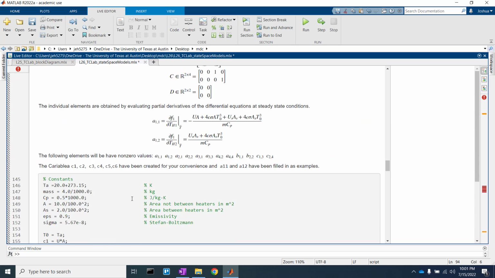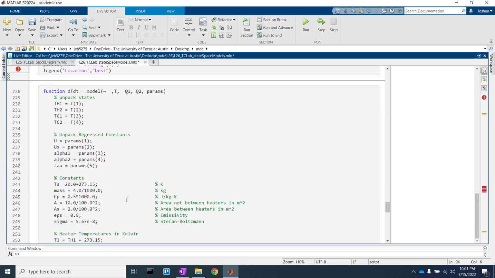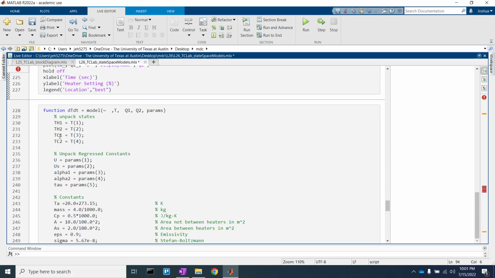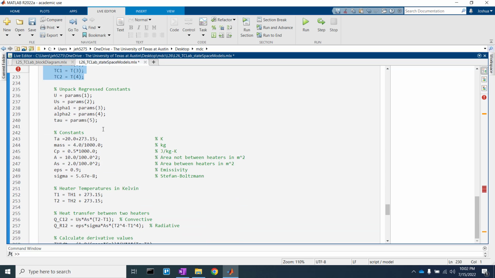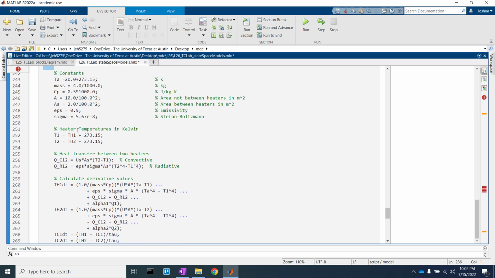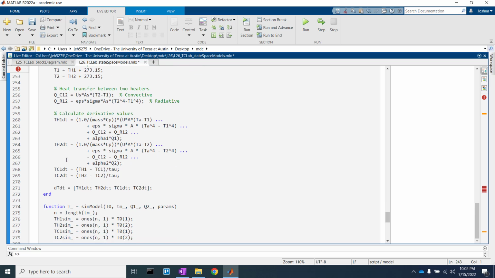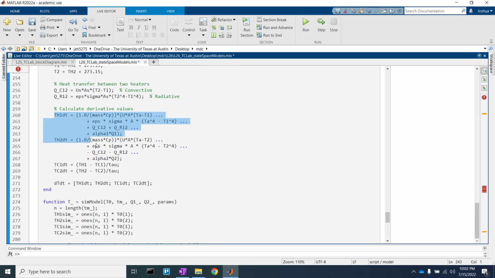We go ahead and create our objective function down at the very bottom of this exercise. The way we do that is we take our model like we've done before, we unpack the states since those are integrated at every time step. We unpack the regressed constants as well. And then we have these other constants, which we're not regressing, we're taking to be known. And then we simulate the temperature change for our second order system.